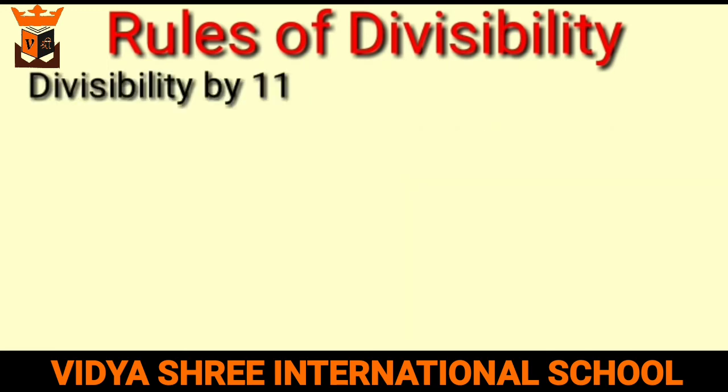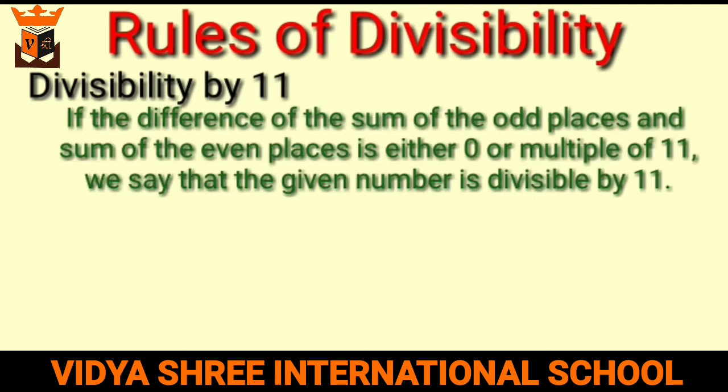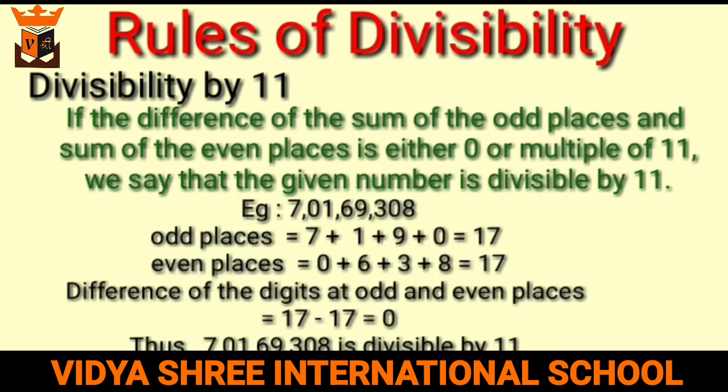Next is divisibility by 11. If the difference of the sum of the odd places and the sum of the even places is either 0 or a multiple of 11, we can say that the given number is divisible by 11. For example, let us take the number 7,169,308. Here the numbers at the odd places are 7, 1, 9 and 0.